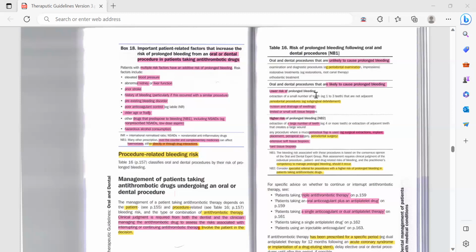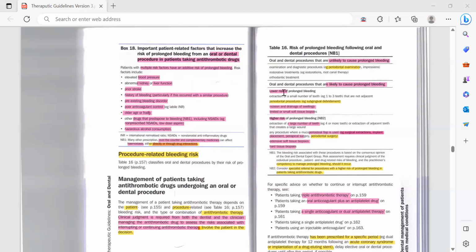Higher risk would be a larger number of teeth, or any surgeries, which as a general dentist you won't be doing, specialists would be doing that, or any extensive soft tissue biopsies. These things are also done by the specialist. So I believe that you will get a scenario of extracting one tooth, or maybe incision and drainage of swelling.